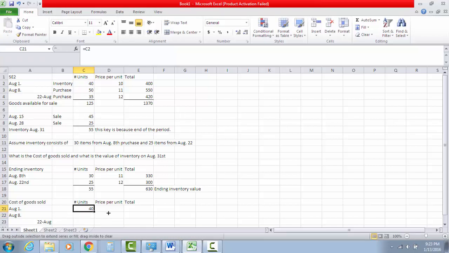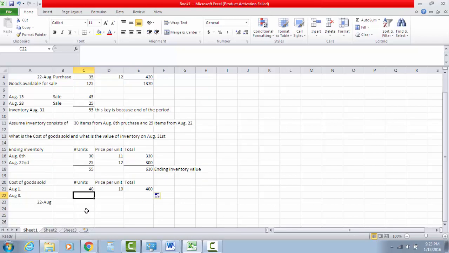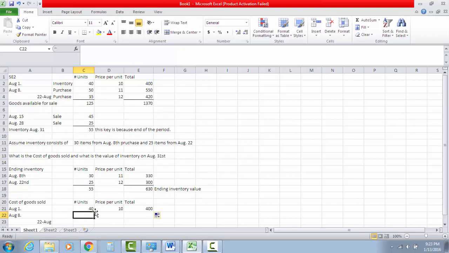So we sold these 40 units at $10 a piece, costing us $400. Now we actually sold some of August 8th. So we take a look. We do the purchase of 50 less the units we have left over gives us 20. So 20 units of the 8th purchase we have.